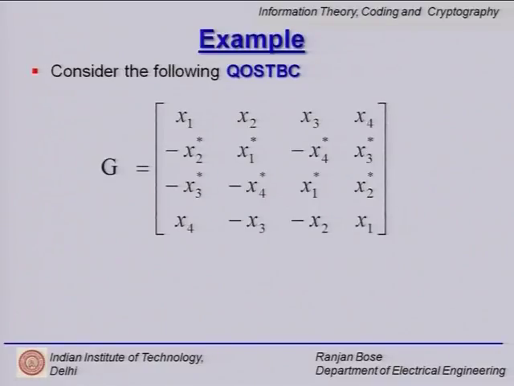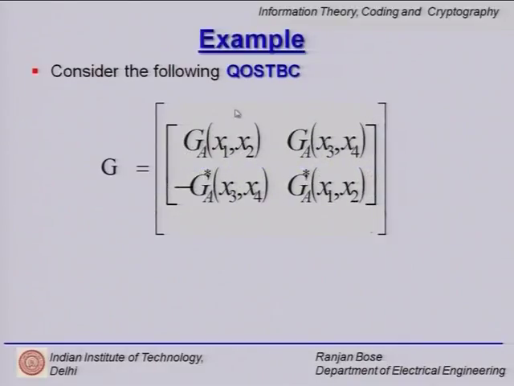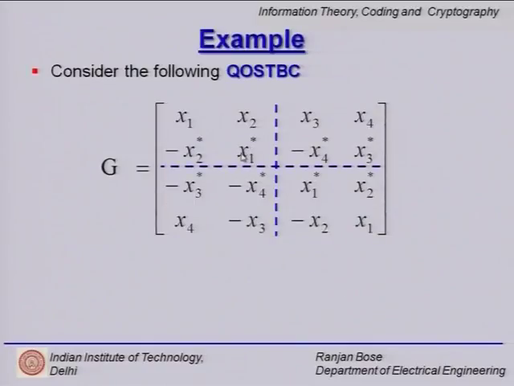So now let's consider another quasi orthogonal space time block code. These are best understood using examples. Now if you logically partition it as follows, we divide it into 4 quadrants, and we say that the first quadrant is GA of X1, X2, because please note it only depends on X1 and X2.